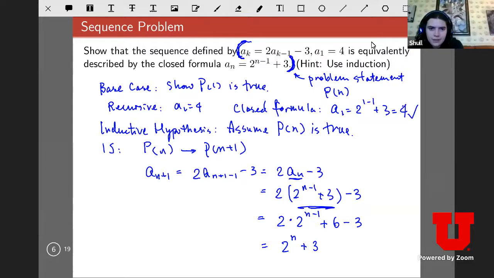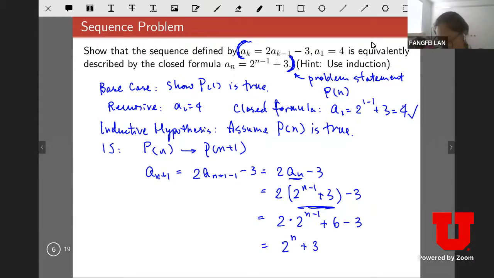When you substitute the inductive hypothesis into the inductive step, do you have to write out that you're doing that, like saying by the inductive hypothesis? I think in a formal proof, you should. Even if it's just on the side, I think it's still fine.